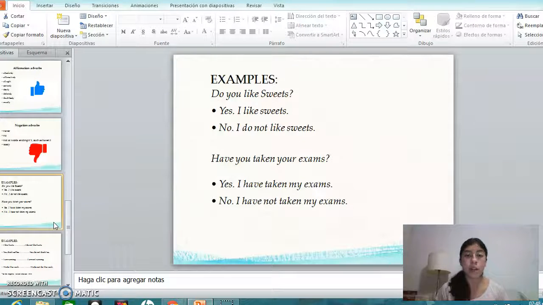How do we know when it's affirmative and when it's negative? Which is the word that makes them affirmative or negative? As we saw in the slide, yes is always affirmative and no is always negative, okay?